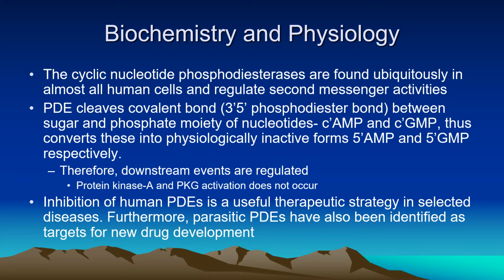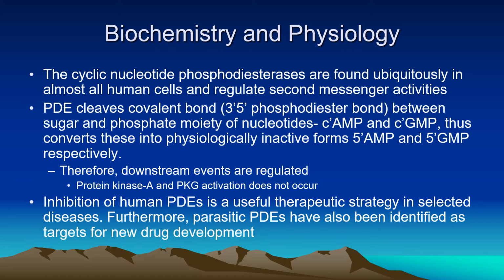Once their activity is terminated, the downstream events are regulated. For example, protein kinase A for cyclic AMP and protein kinase G for cyclic GMP. Activation does not occur further, so subcellular activities are not performed.